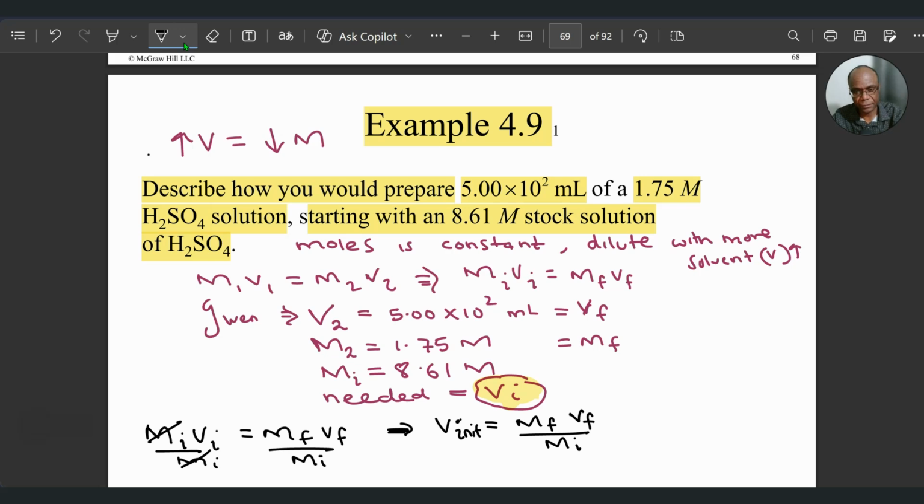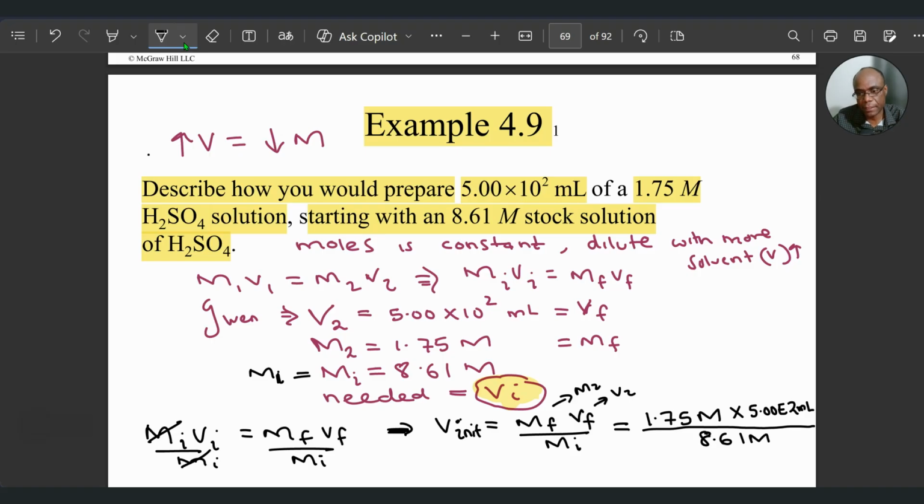In this case, my final concentration is 1.75 molar. That is our M2, remember? Then multiply by our Vf, V2, which is 5.00 times 10 to the power 2. That one is in ml, no problem, we'll work with ml. It does not affect the calculations. Then my initial concentration, Mi or M1, is 8.61 molar.